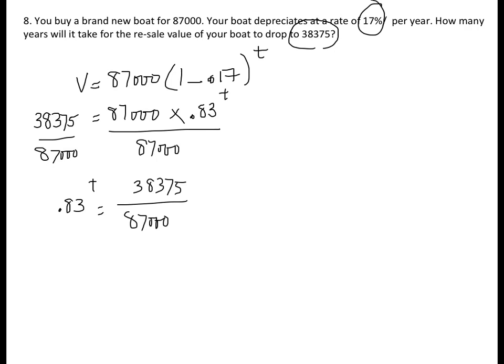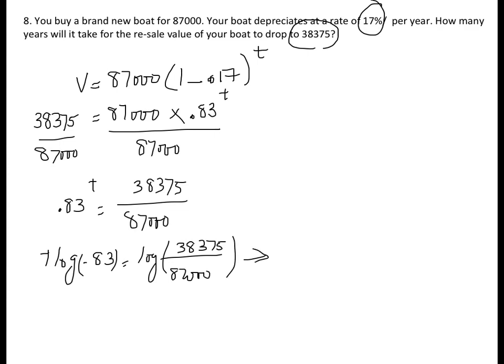Now, if you take the log of both sides, I get t log 0.83 is equal to log of 38,375 divided by 87,000. If you solve this equation for t, you get t is approximately 4.39 years.